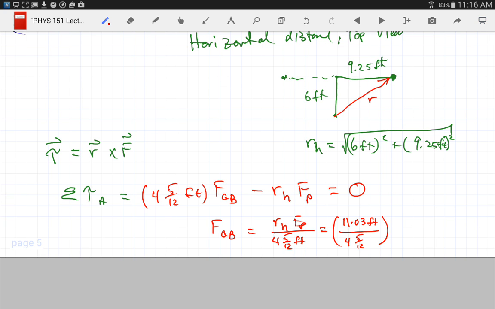Okay, 11.03 feet. Then divide that by 4 5/12. Well, that's just the R. Yes, right. And so divide that by 4 5/12 now. See, it's a little bit more than 2, like 2.5 or so.